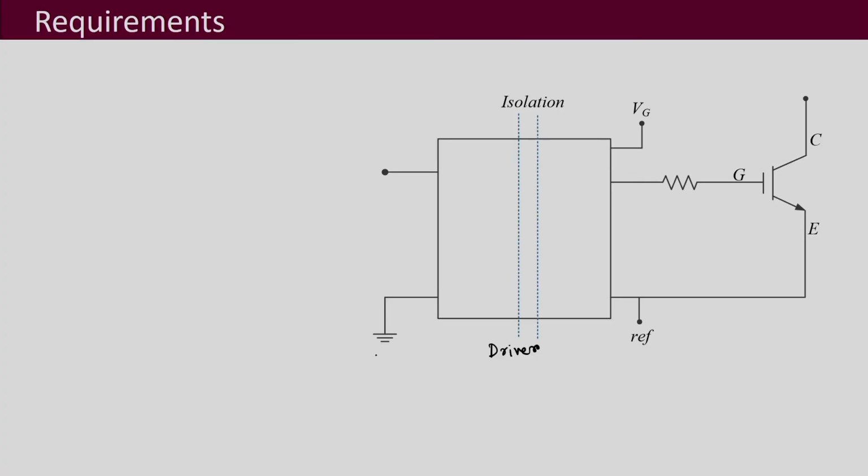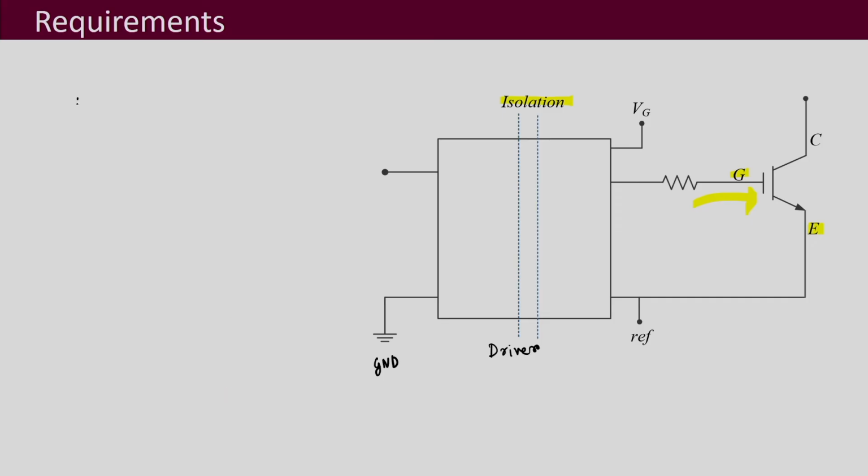Because this reference, which is your ground, may be connected to the controller, and it's a fixed potential, whereas here this reference is with respect to this emitter, and this may be floating. So it should provide the isolation, meet whatever voltage requirements there may be between the gate and emitter, and also provide the current requirements of the gate emitter or the gate source region.